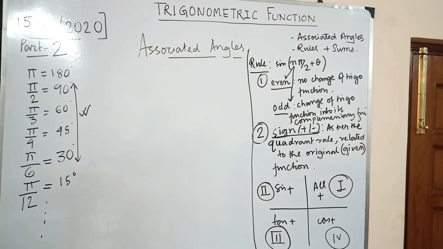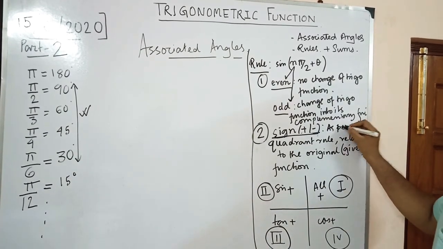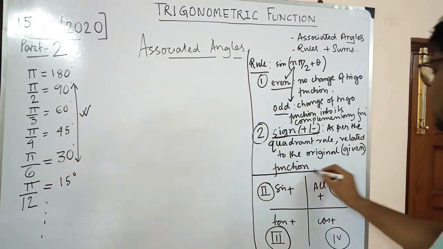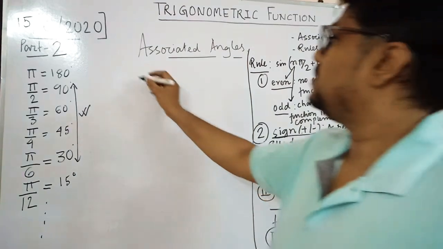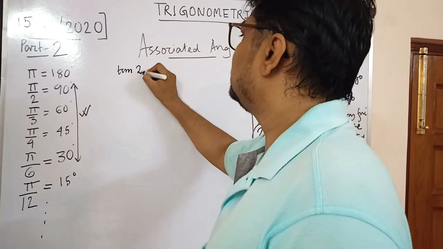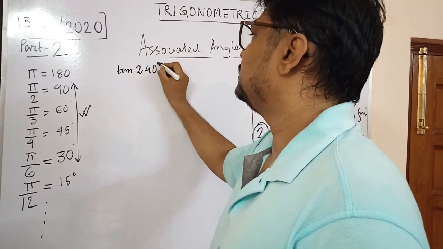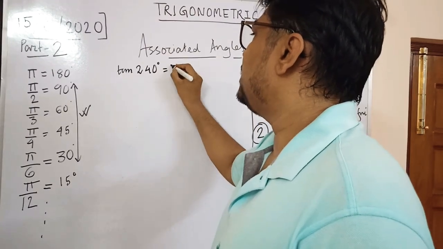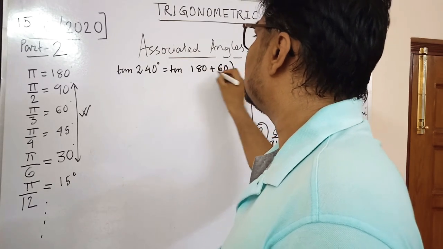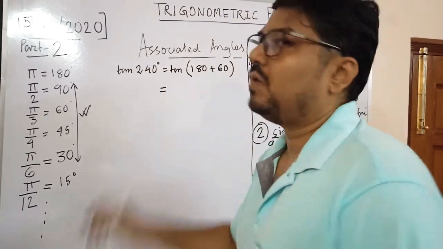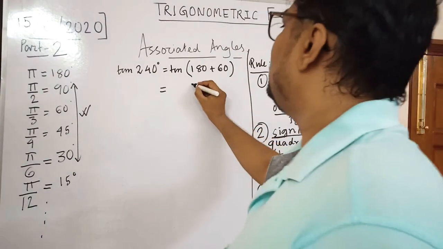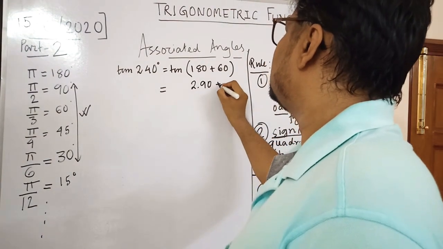I have written the rules much more clearly for you, and also the quadrant rule over here. So we will do some more sums. Let us do tan of 240 degree. Now tan 240 degree you can write as 180 plus 60, isn't it? If you take 180 plus 60, it will be 2 into 90 plus 60.